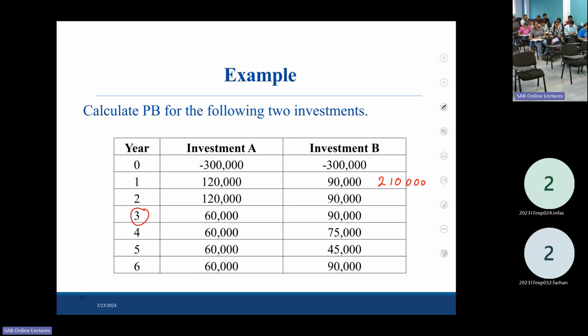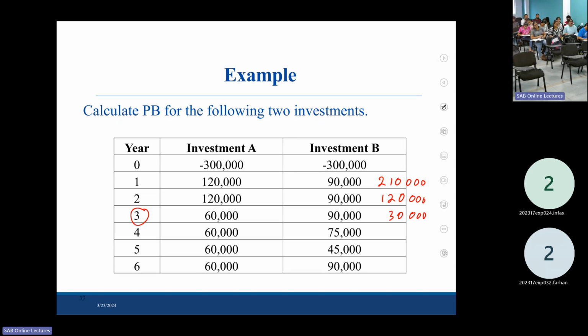Again you can recover 90,000 in the next year, so it remains 120. Then you can recover 90,000 from the 120, so 30,000 remains from the cost. Taking that into account, the payback is in how many years?